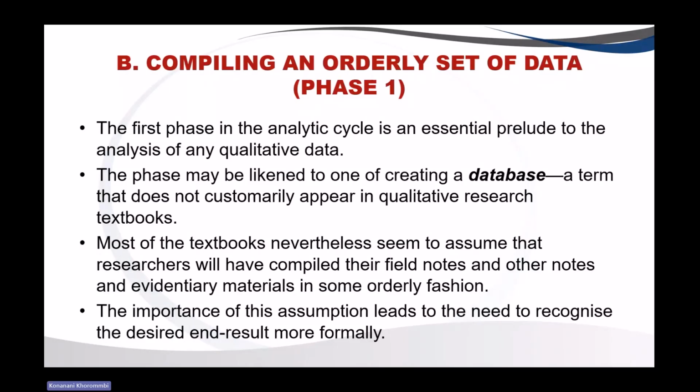The time you start touching and compiling, other stages fall in, and you're doing them simultaneously. But we need to unpack how you behaved in dealing with the data. You have behaved in a compiling way, you have behaved in a disassembling way, you have behaved in an assembling way, you have behaved in an interpreting way, and you have behaved in a concluding way.